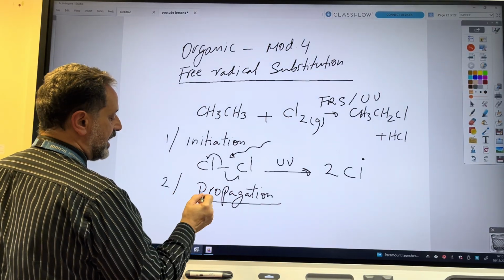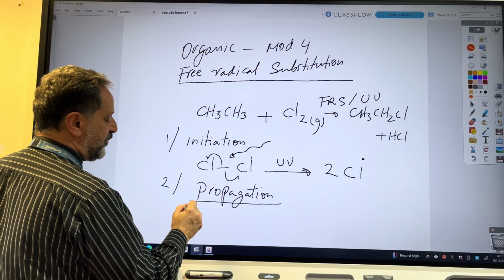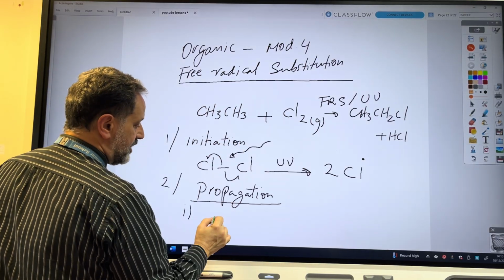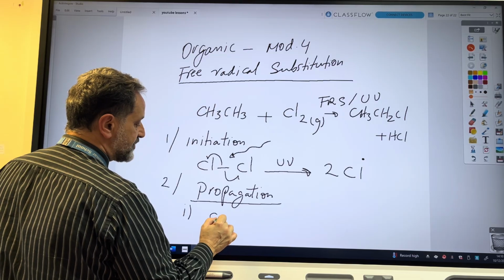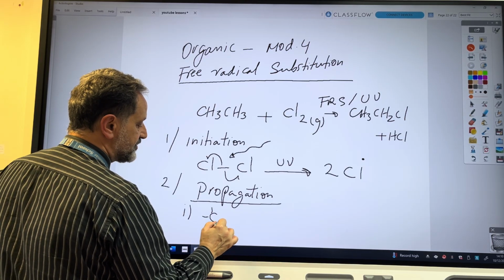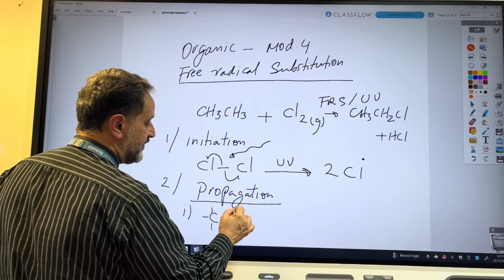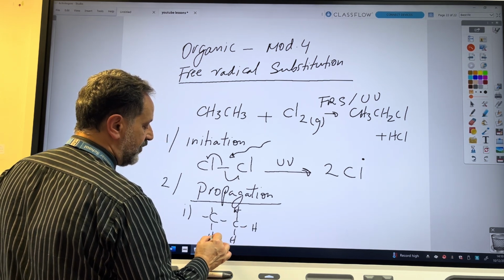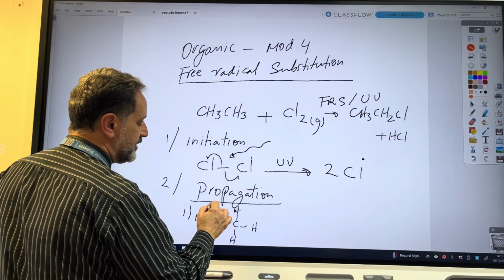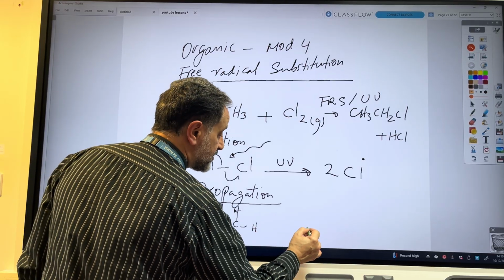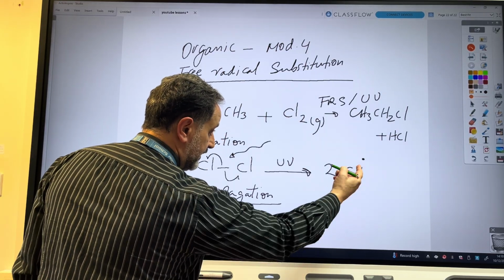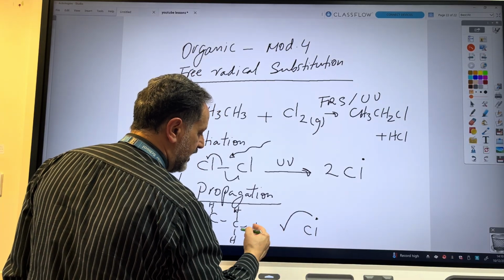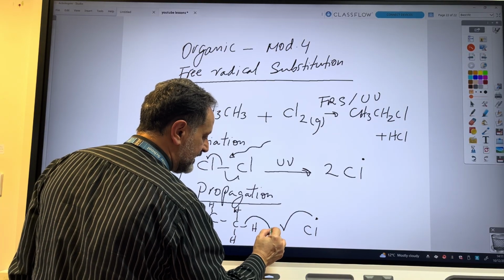Now, propagation is in two steps. Step one, yes, let's use that example. So CH3, let's write a displayed formula, because every time you want to show a reaction mechanism, you have to show a displayed formula. You have to show how bonds break or form. So this chlorine free radical comes along and says, hey hydrogen, come and react with me.